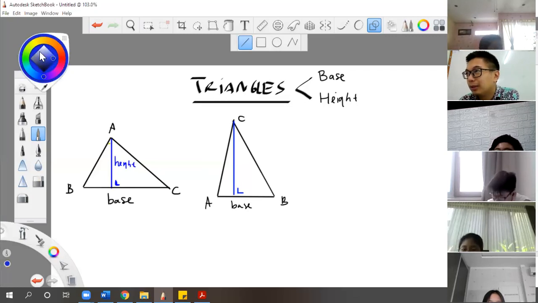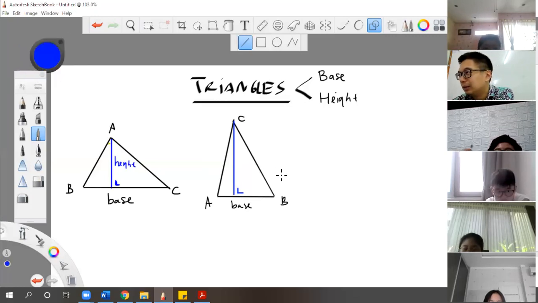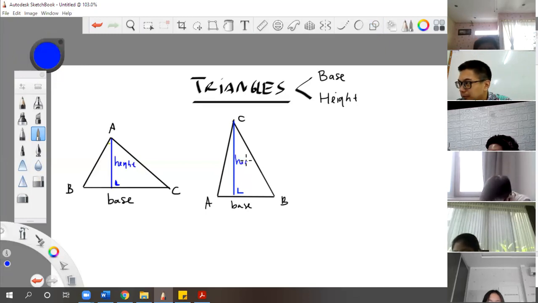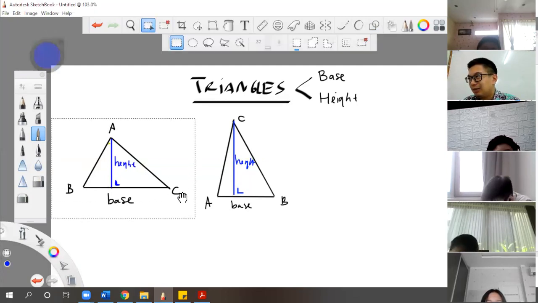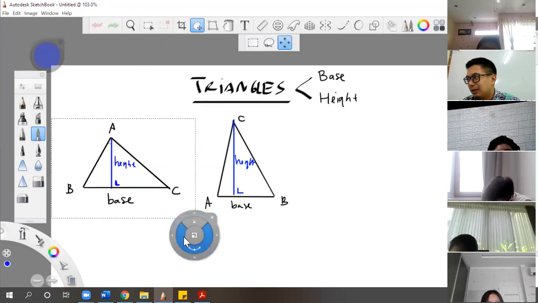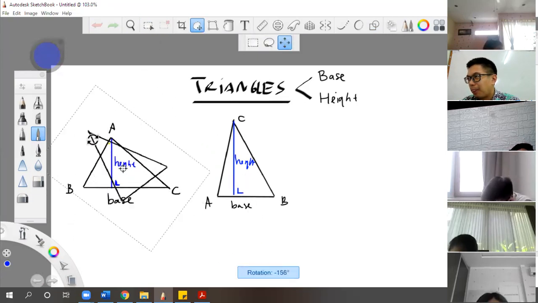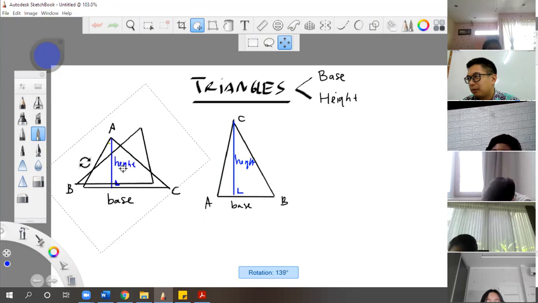Why can I not put it? There you go. This is height. Okay. So I want to rotate one more time. I rotate it again, guys, and it becomes like this. Is that right?